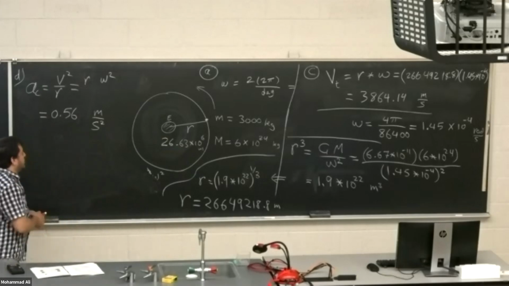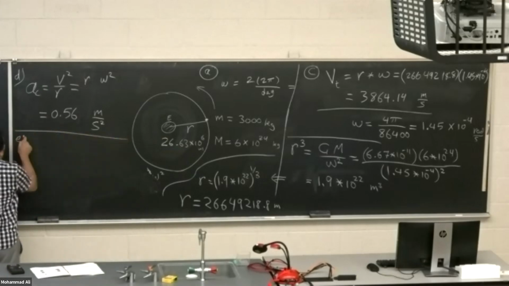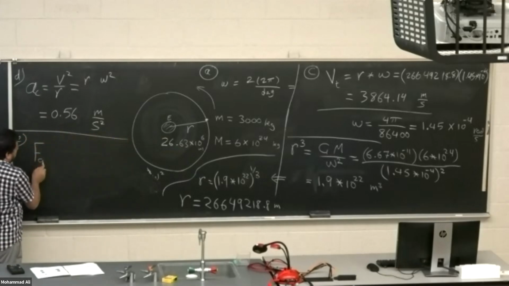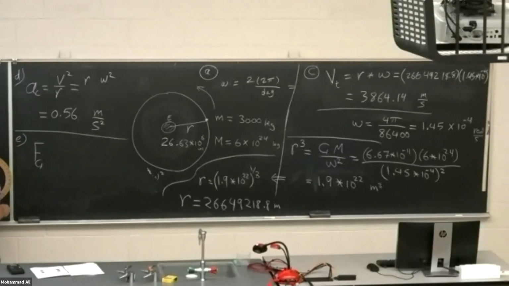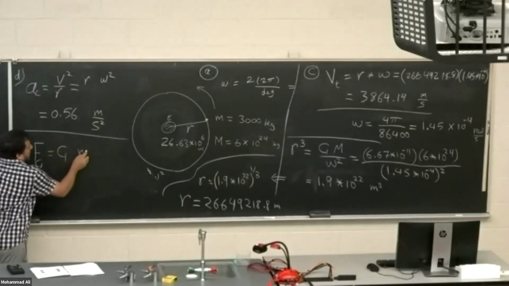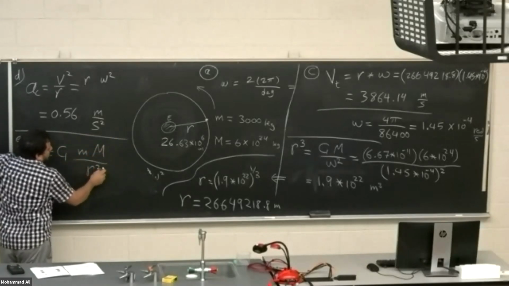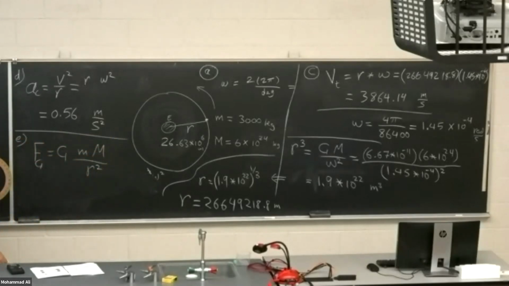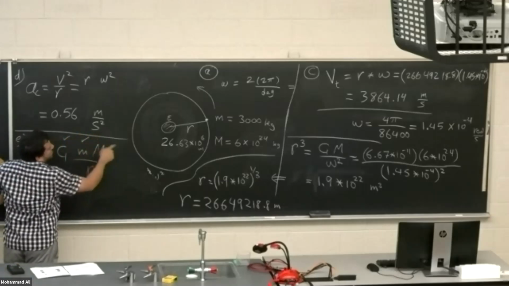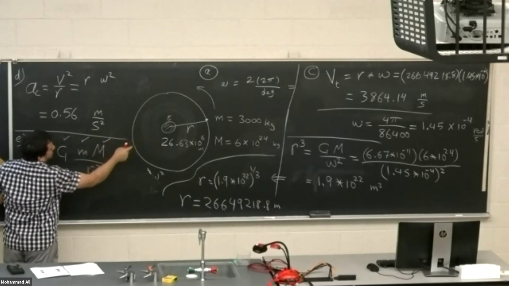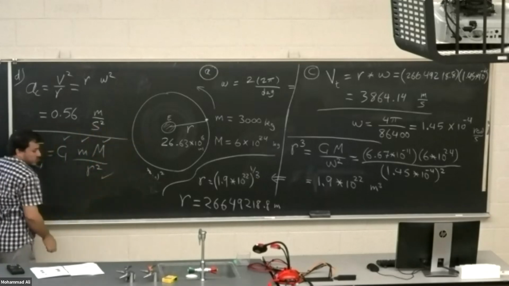The gravitational force. We need the force of gravity. It is equal to G M, mass of the earth, over R squared. We know everything here. G is known, M is known, which is the mass of the earth, R is known also.